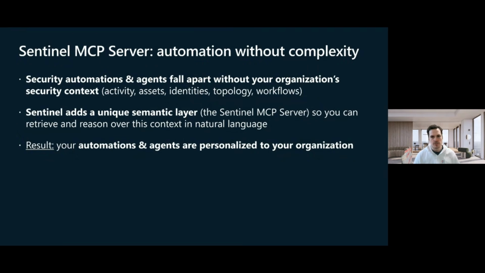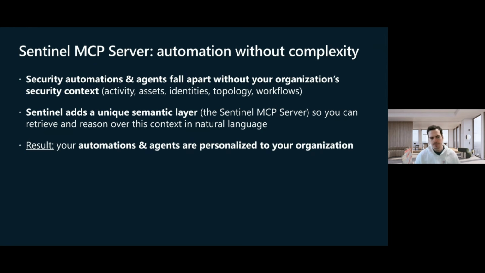Sentinel's MCP server was built to deliver automation without complexity. Today, when you build automations and agents, or you install automations and agents, they oftentimes fall apart or are very generic if they don't work across your organization's security context. That means the activity, the assets, identities, everything that's going on in your org, those agents and automations need that to work really well.